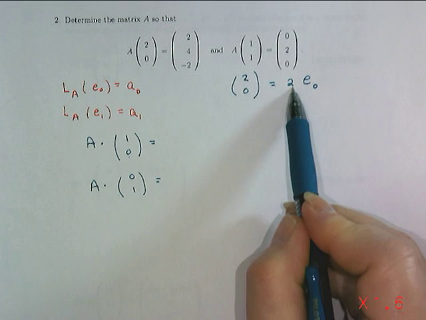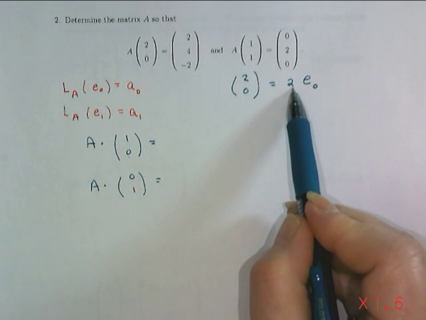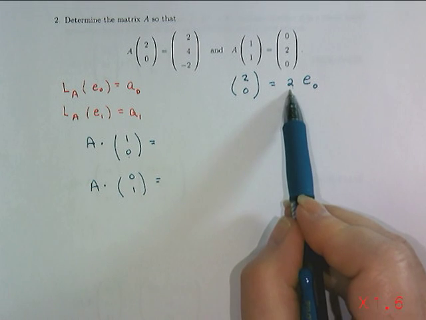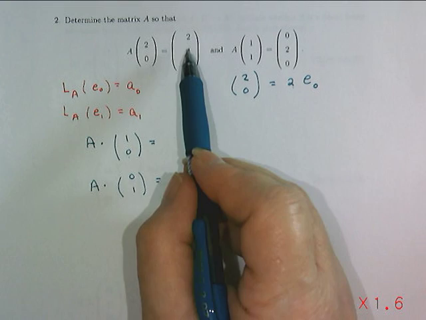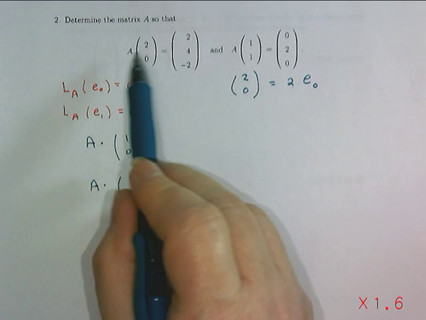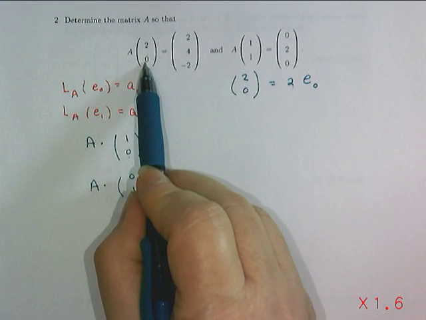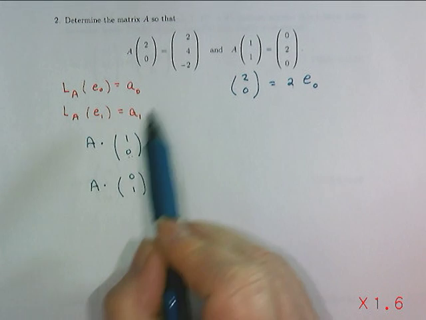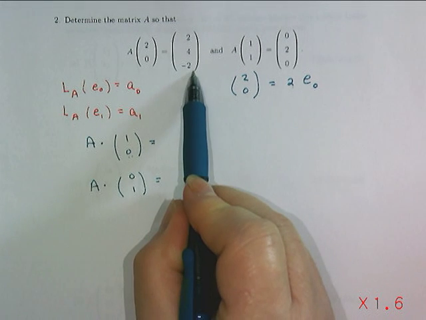In other words, A times 2, 0 is twice A times 1, 0. Since we know this is the result of A times 2, 0, to find A times the first unit basis vector, we take this result and halve it.